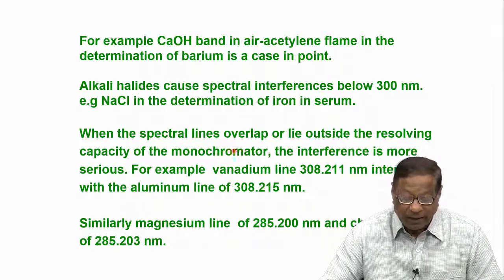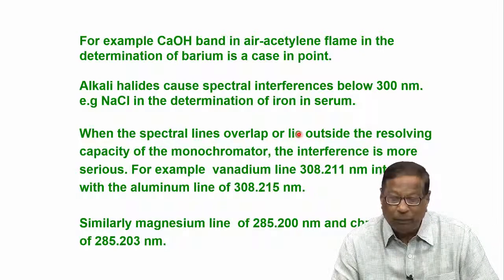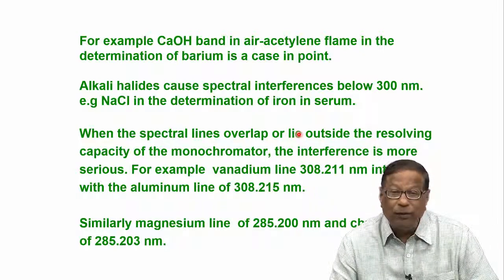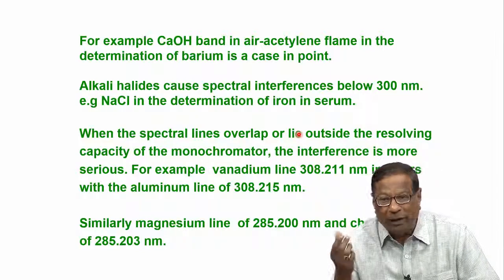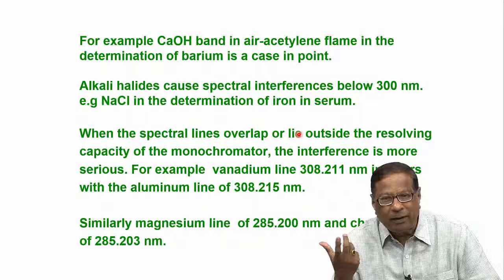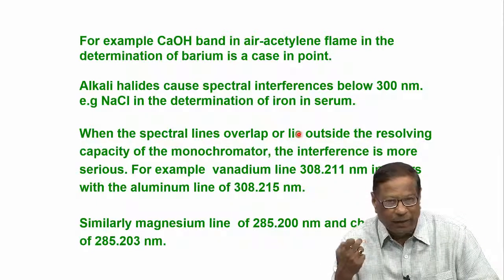So, when the spectral lines overlap or lie outside the resolving capacity of the monochromator, the interference is more serious, because the monochromator can differentiate only plus or minus 0.2 nanometer. Okay.